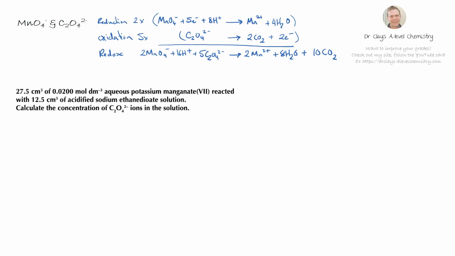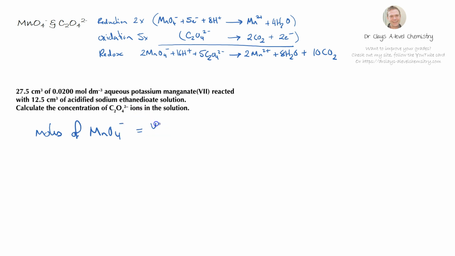Okay, so we're going to use this to work out an answer to the following question, where we've got 27.5 cm³ of 0.02 mole potassium manganate reacted with 12.5 cm³ of acidified sodium ethane dioate solution, and asked to calculate the concentration of C2O42-. So first thing again is to write the balanced redox equation. Then we're going to find out the moles of something we know. So here we're doing moles of MnO4- because we've got lots of information about that. We've got volume and concentration.